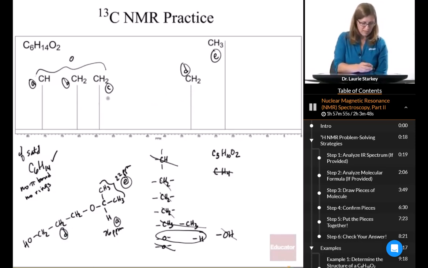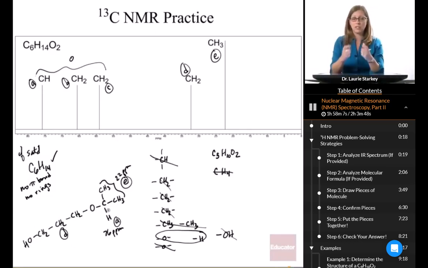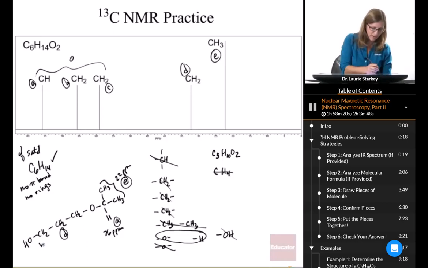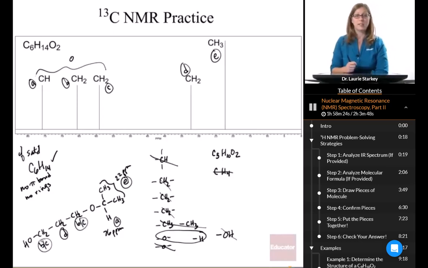And then the others, B and C: one is attached to an OH, one is attached to an OR. So those are going to have different effects in their deshielding. There are tables to calculate your C-13 chemical shifts as well. If you had access to a table, you could more precisely determine exactly which one is B and which one is C. But without access to those tables, right now we wouldn't be able to distinguish between those two and decide exactly which is which.